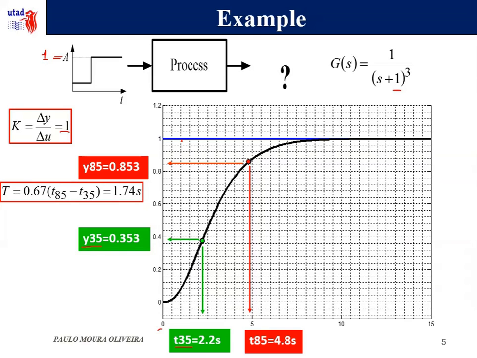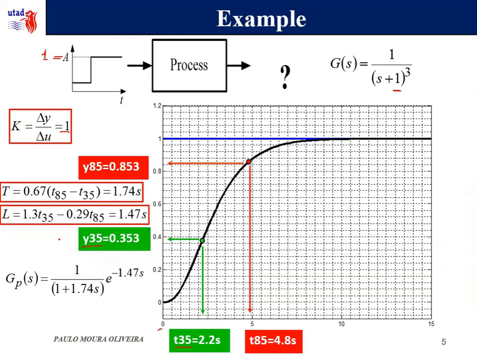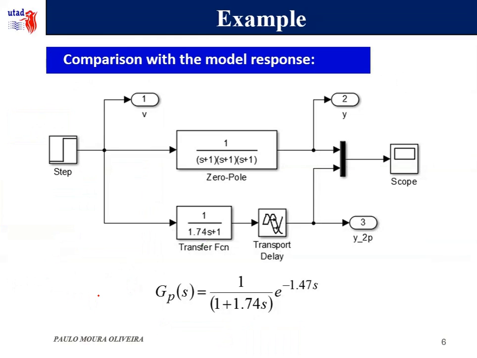So we can evaluate, using the formulas, T and L, and we get the first order plus time delay model identified with this 2-point method. Now we are going to continue this example.